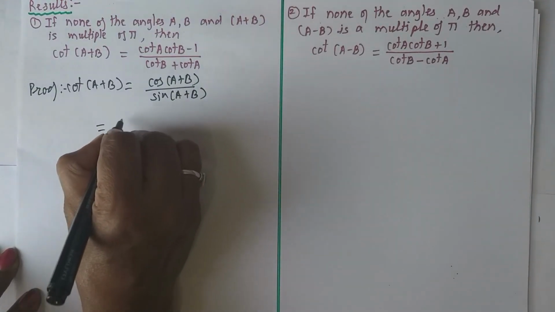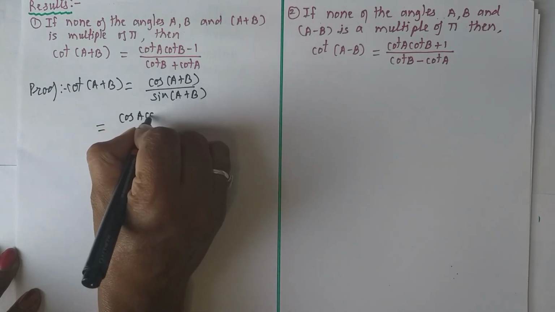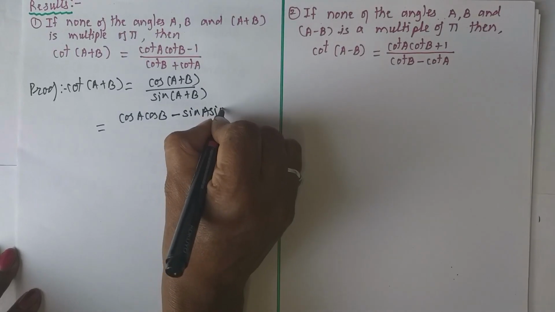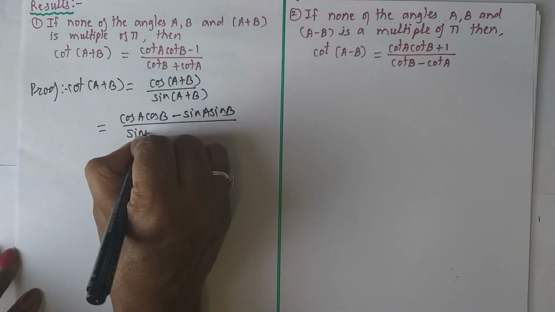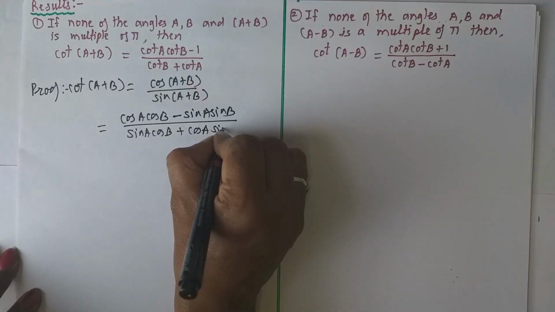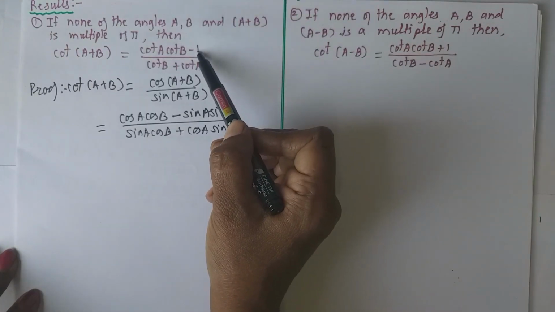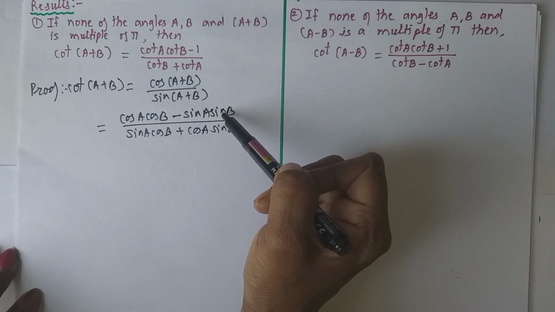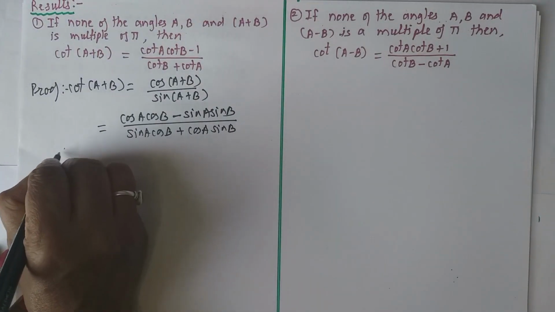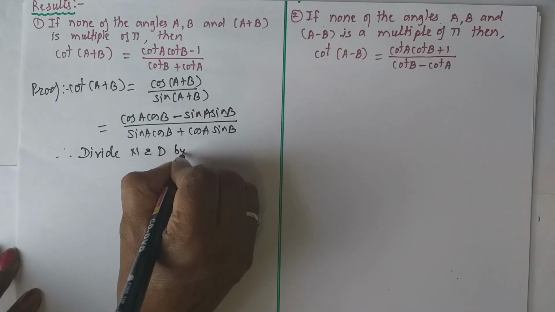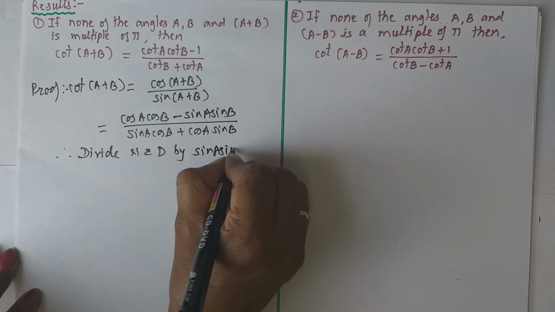Now you put the formula for cos(A + B), that is cos A cos B − sin A sin B, divided by sin A cos B + cos A sin B. In the numerator there is 1 on the right hand side, which means I have to get 1 here, and for that I have to divide the numerator and denominator by sin A sin B. Therefore, you write down: divide numerator and denominator by sin A sin B.